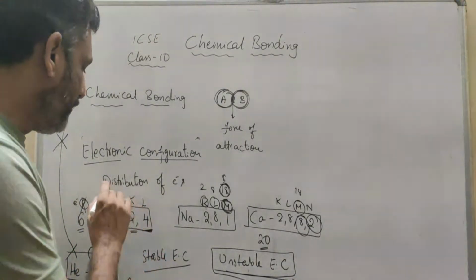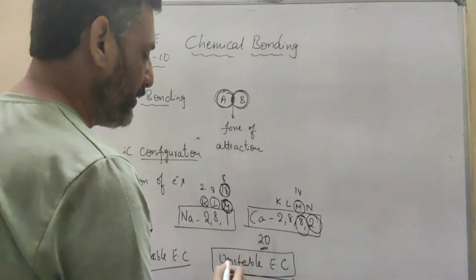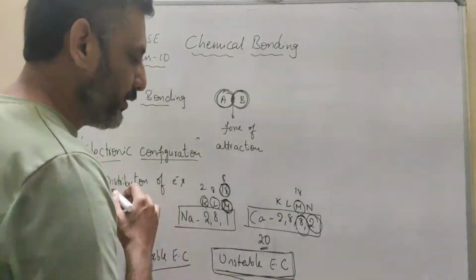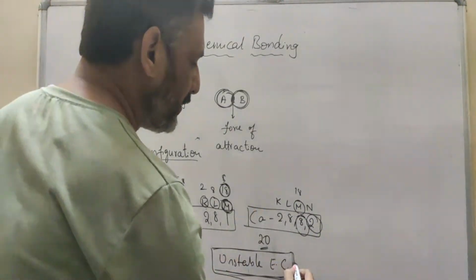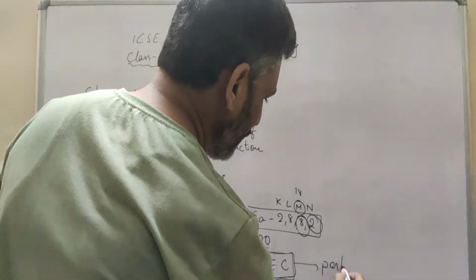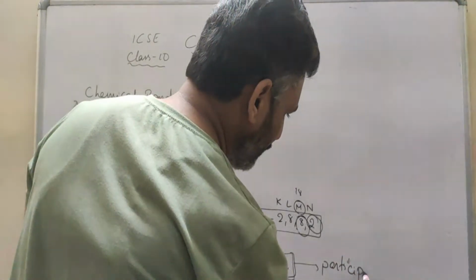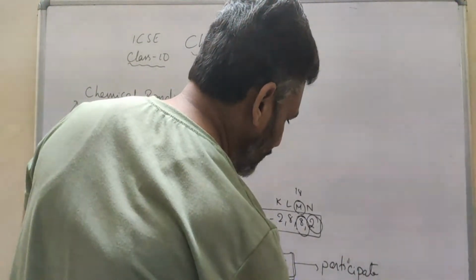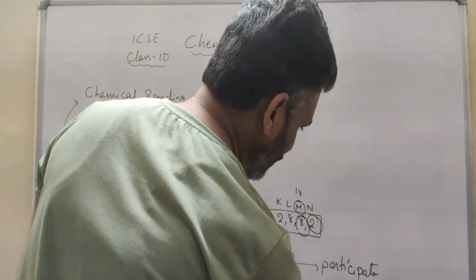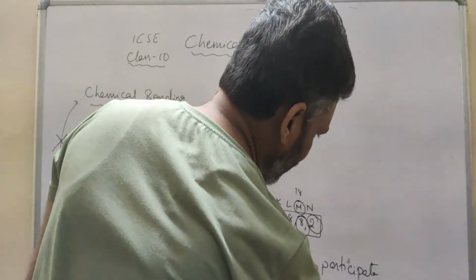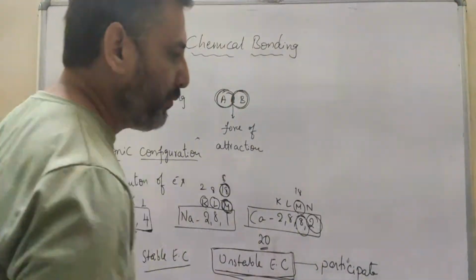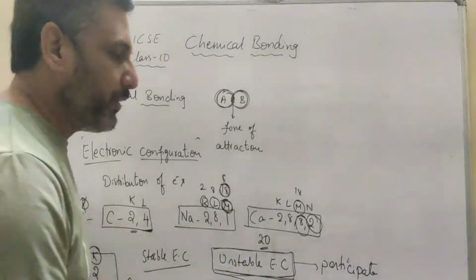But what about the rest of these elements? Since they have unstable electronic configuration, they participate in chemical bonding. And what is the purpose of participating in chemical bonding?